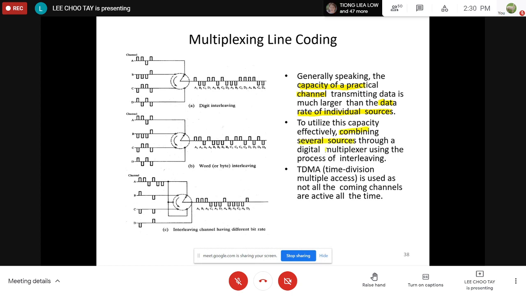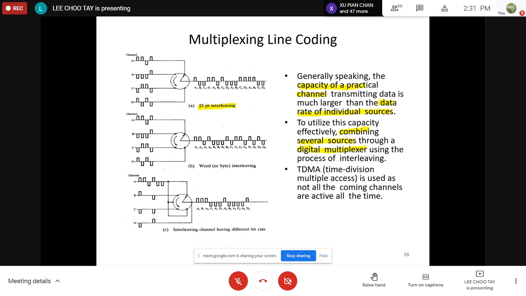We combine them through a digital multiplexer. It's the same concept as the TDM of the PAM that I talked about in the previous chapter. If you look at the diagram on the left hand side, here we have digit interleaving.